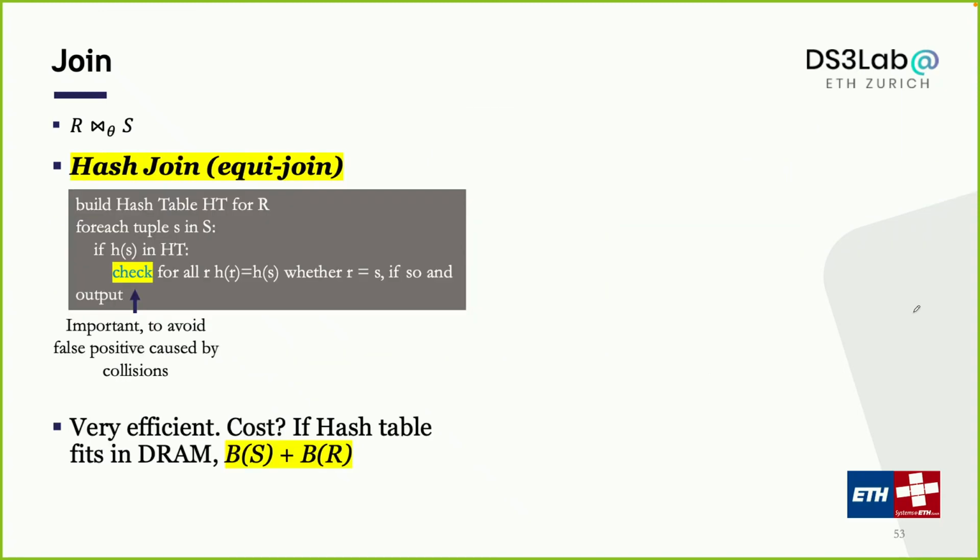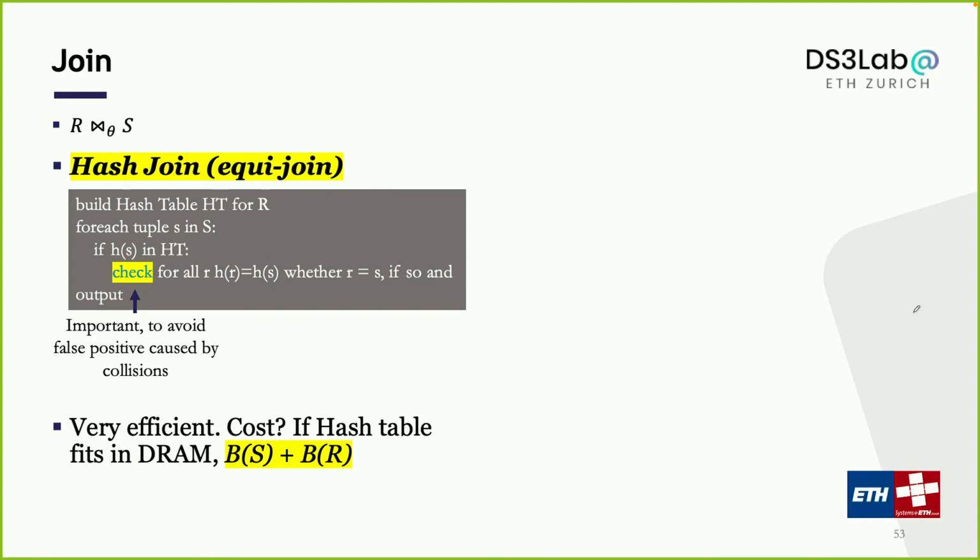And we can do hash join. This is also really close to what people do in practice. It's actually relatively easy. I want to do an equijoin. So what I do is I first build a hash table for R. Then for each tuple in relation S, I probe the hash table.